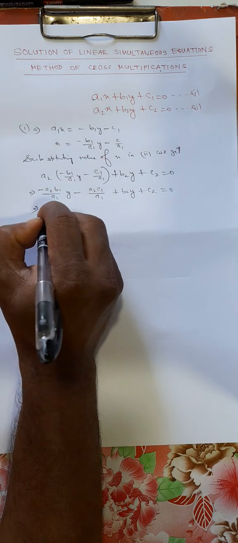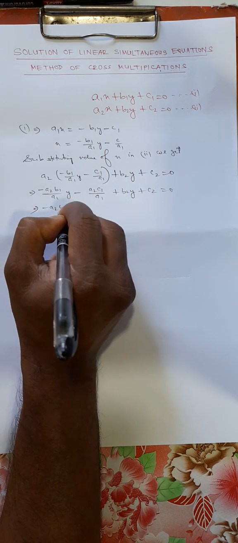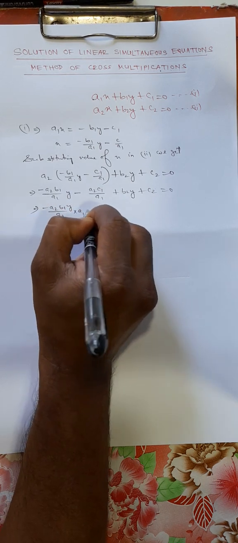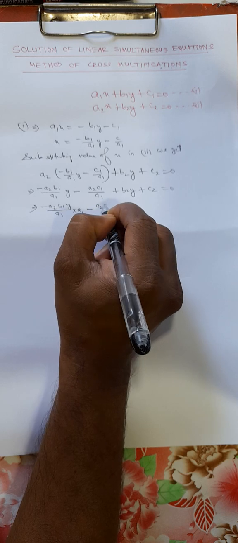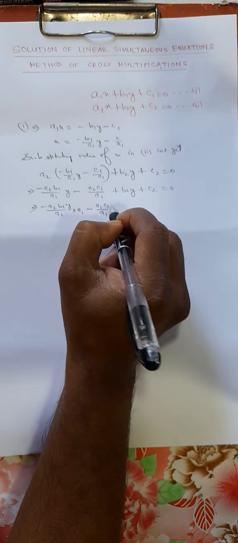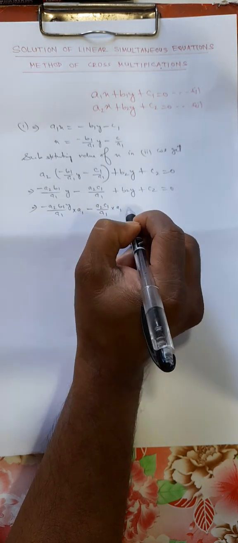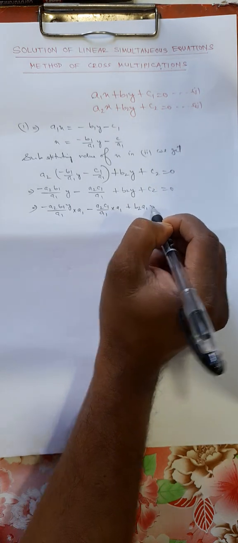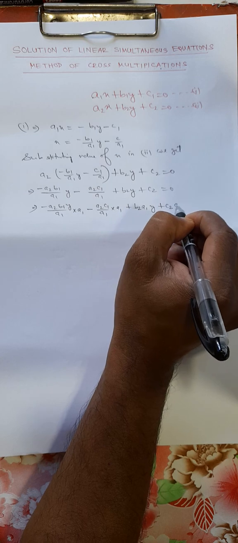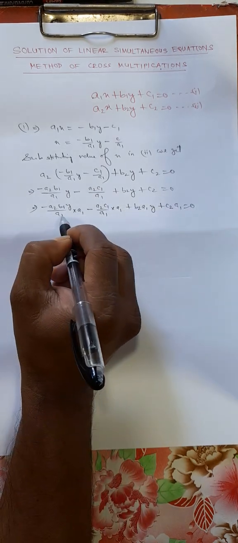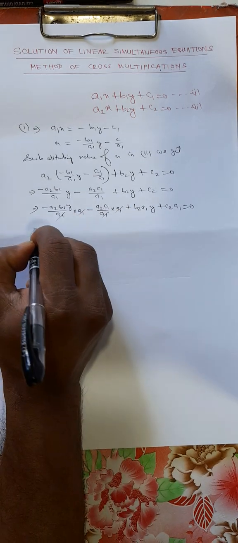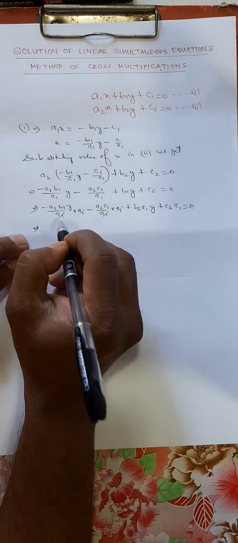So if you multiply both sides by a1, we get minus a2b1y divided by a1 into a1, minus a2c1 by a1 into a1, plus b2a1y plus c2a1 equal to 0. Now this a1 cancels. So you can do more simplification now.